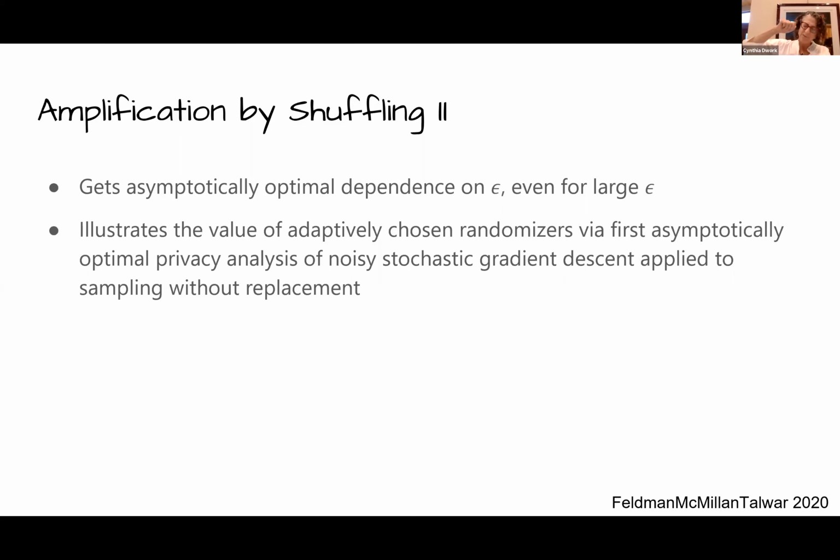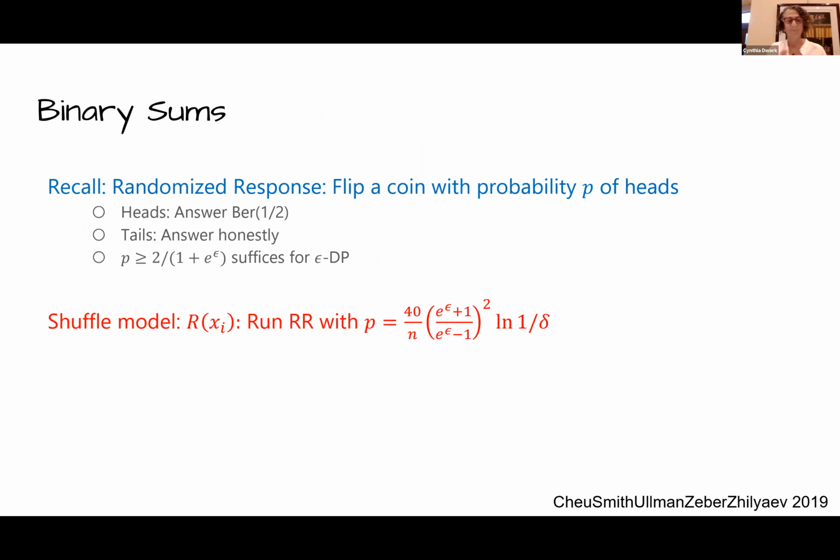And then you see you need different randomizers for different people as the execution advances. So this is a really nice illustration of that. And they get asymptotically optimal privacy analysis for noisy stochastic gradient descent when you sample your points for the gradient descent without replacement.